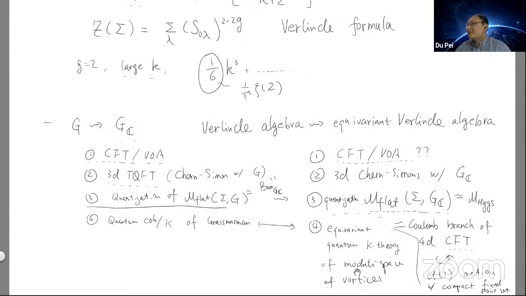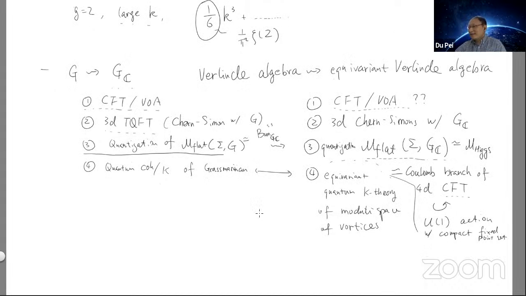It's some moduli space that looks roughly like the total space of the adjoint bundle over the Grassmannian, but nonetheless has some interesting global structure that distinguishes itself from just a vector bundle over the Grassmannian.